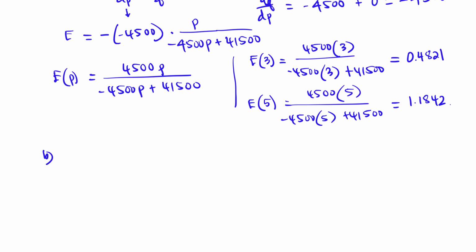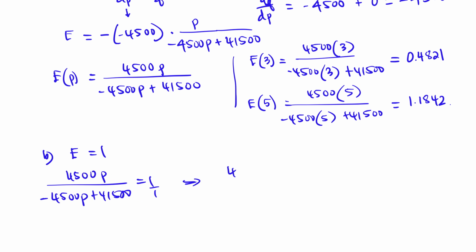So to answer part B, we set the elasticity equal to 1, but the elasticity is 4500p over negative 4500p plus 41,500, and we set it equal to 1. 1 is 1 over 1, so we would cross multiply to get the equation 4500p equals negative 4500p plus 41,500.